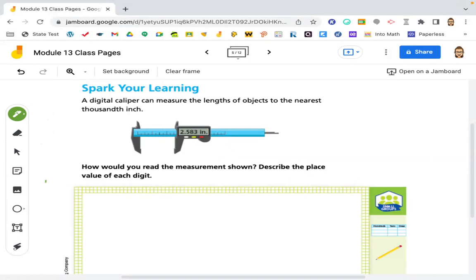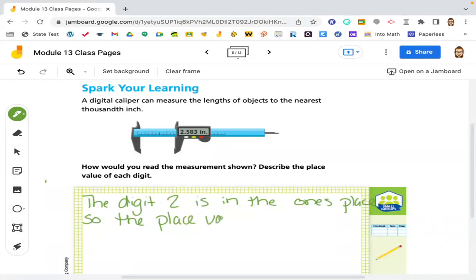I'm going to start by figuring out the place value. So the digit 2 is in the ones place. So the place value is 2 ones.